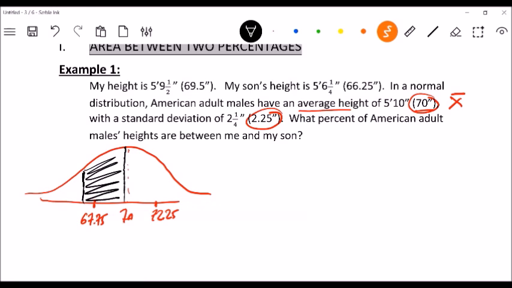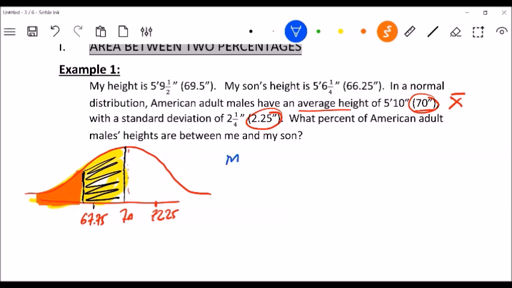It's not one of those exact numbers of 34% or 13.5%, because those are only for the actual 1 full standard deviation or 2 full standard deviations away, and this is in between. So what we'll do is figure out one of them, like all of this, mine, and then figure out the second one, his, and subtract it. Just one of the percentages, subtract the other.